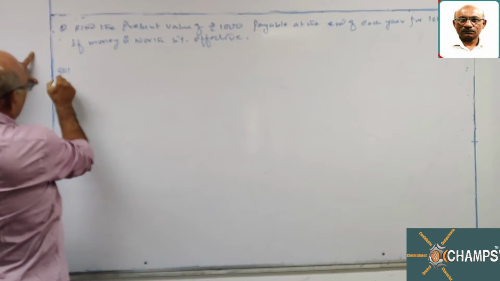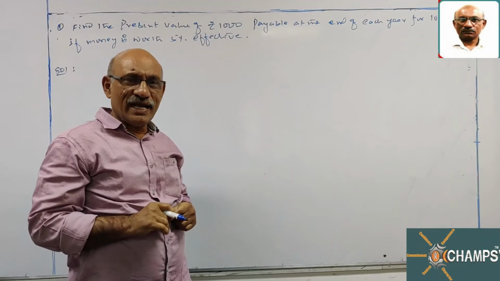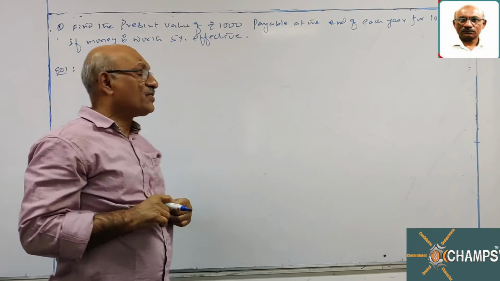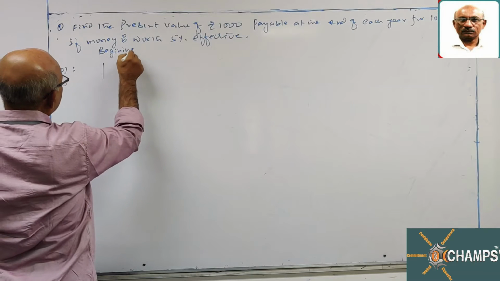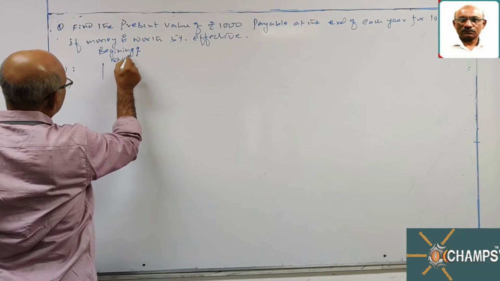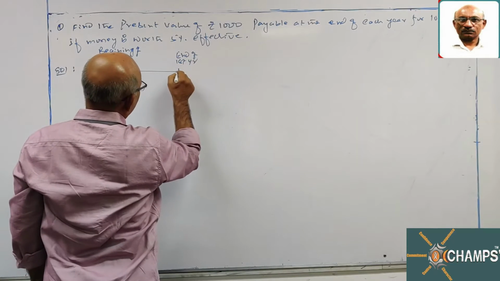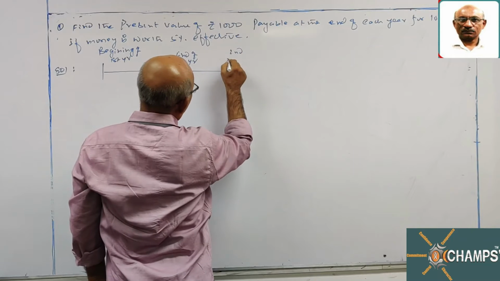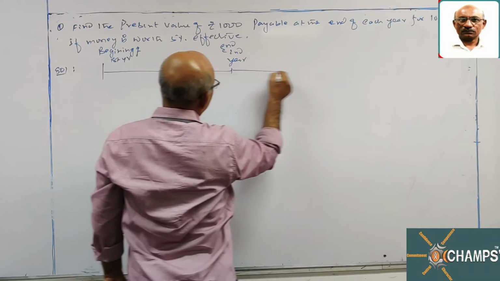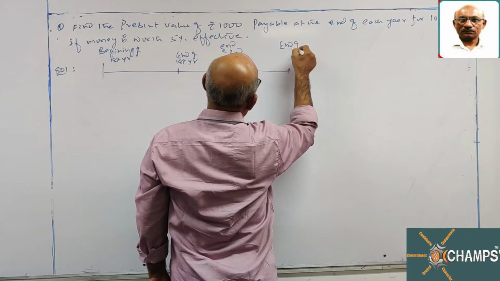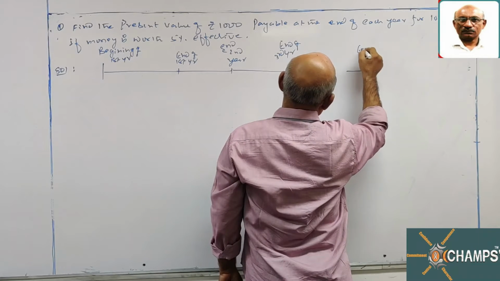Now look at the solution. For 1, 2 problems, I will represent it on a time scale diagram. After that, I'll use that formula straight away. This is beginning of first year, end of first year, end of second year, end of third year, end of 10th year.